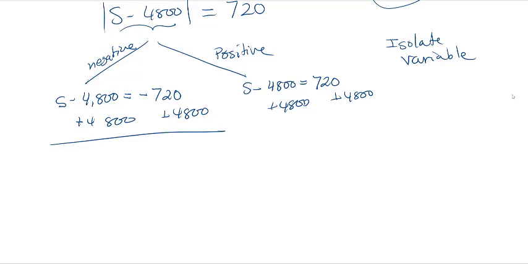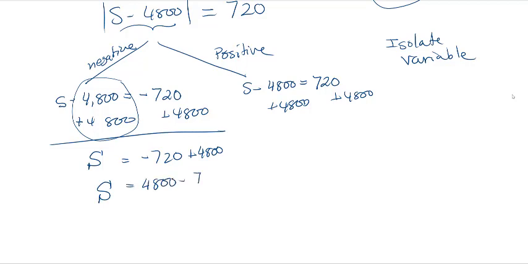So here we have minus 4,800 and plus 4,800, so these cancel. We have S equals negative 720 plus 4,800. And that means that S equals 4,800 minus 720, which is exactly 4,080, sorry.